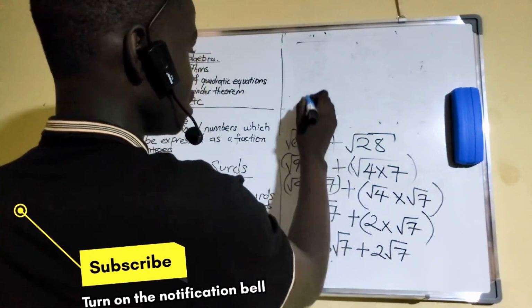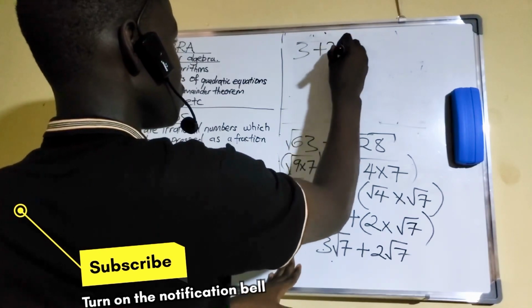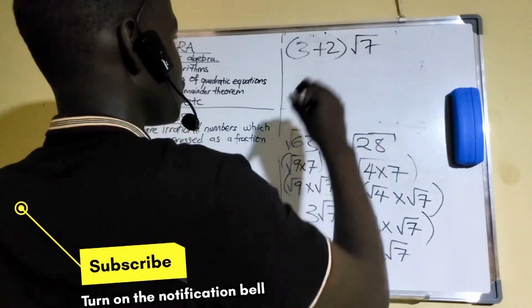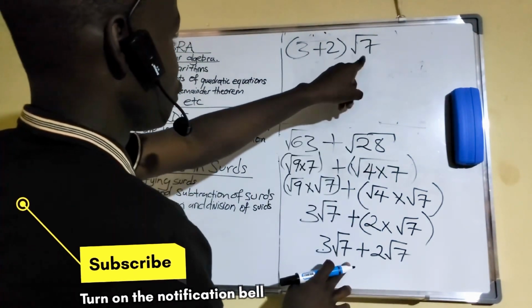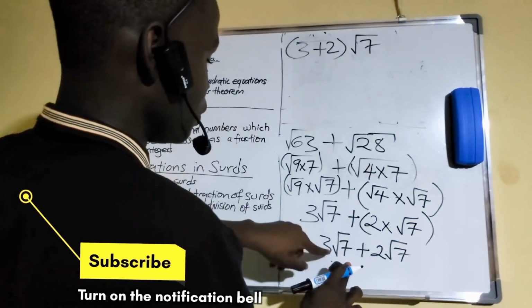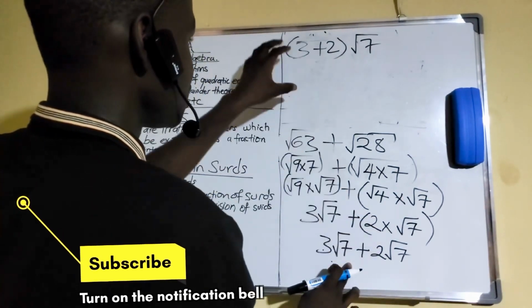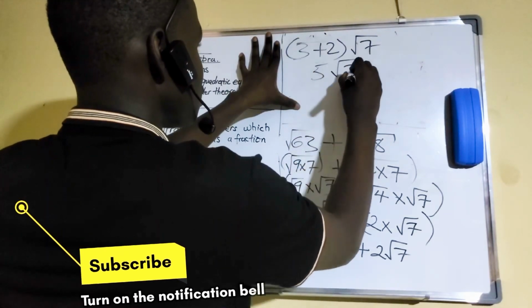Now I'm continuing this to give us 3 plus 2. I'm factoring out root 7. Okay, now this is the same thing as this, where if we have root 7 times 3, we get 3 root 7. Root 7 times 2, we get 2 root 7. So this gives us 5 root 7.